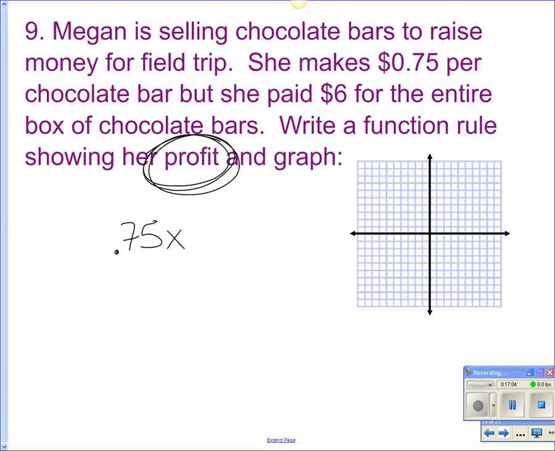Now, what else does Megan have to consider when she's trying to make money? She paid $6. Now, am I going to add that money to her profit, or does it take away from her profit? It takes away from her profit.